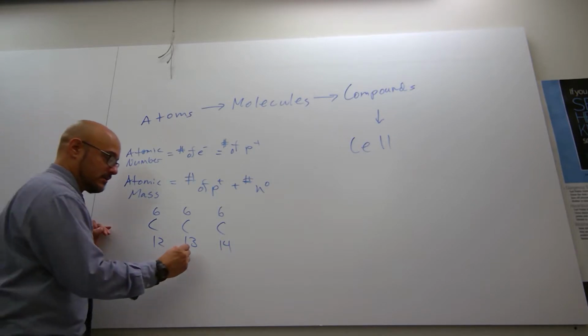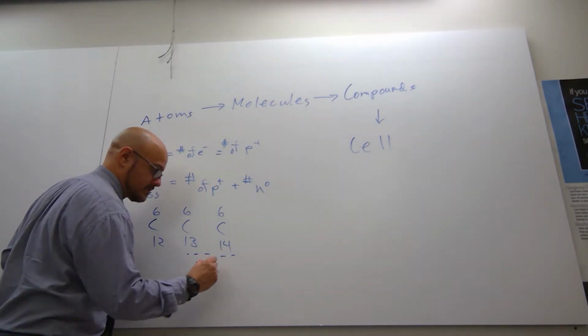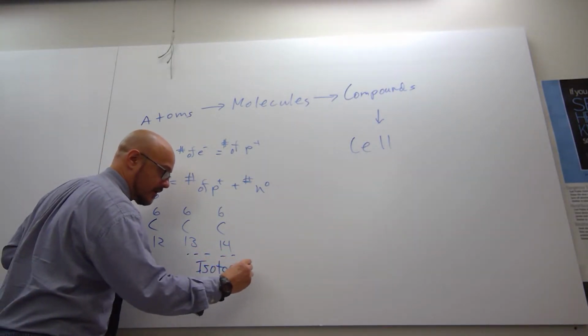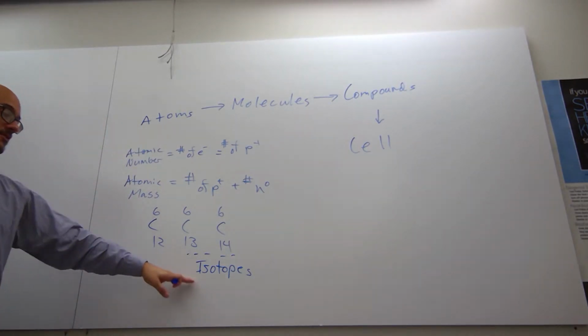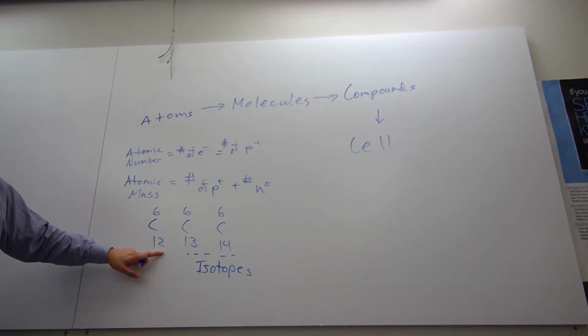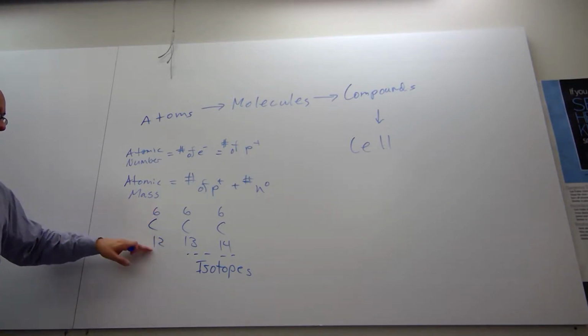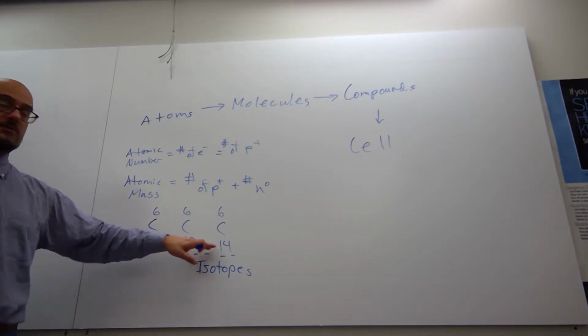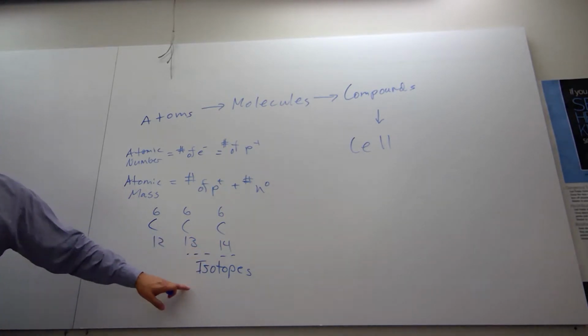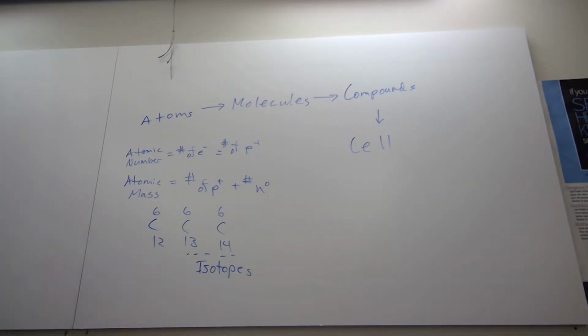These are considered to be isotopes of carbon. The definition of isotopes would mean then what? Is it the number of neutrons or protons that are different? Neutrons. Everyone agree? So that's what makes isotopes isotopes. It's the variation in the number of neutral particles.